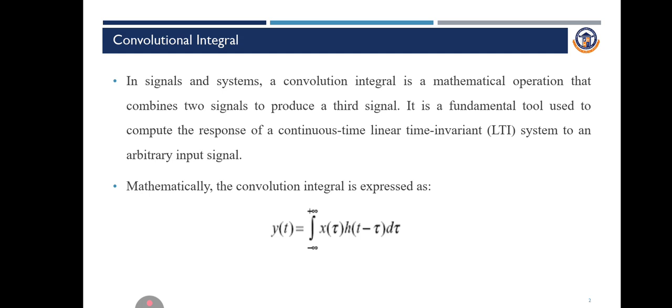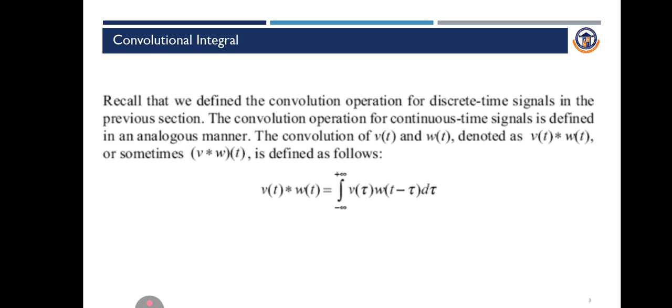So the convolution integral is an operation that combines two signals to produce a third signal. It is a fundamental tool used to compute the response of a continuous time linear time invariant system to an arbitrary input signal. Mathematically, the convolution integral is expressed as y of t is equal to the integral from minus infinity to plus infinity of x of tau h of t minus tau d tau.